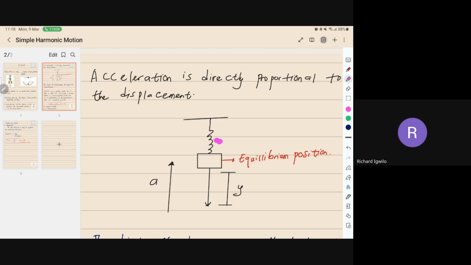So let's apply that to the frequency of your equilibrium position. If you stretch this thing down, the number of oscillations it takes, up, down, up, down, up, down. So the number of oscillations made in a second, measured in hertz, is what we regard as frequency. So number of oscillations per second, right?